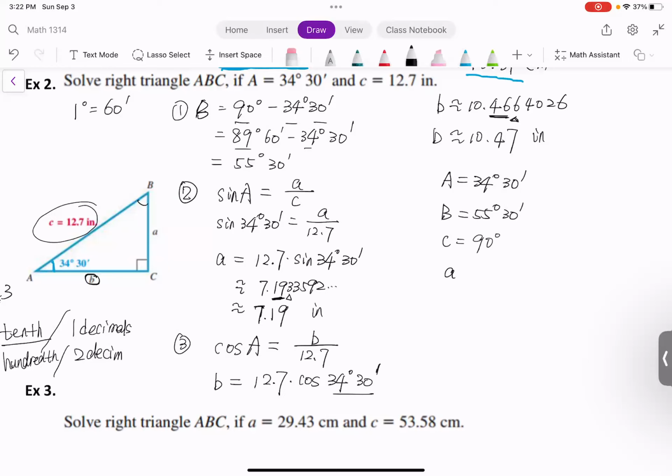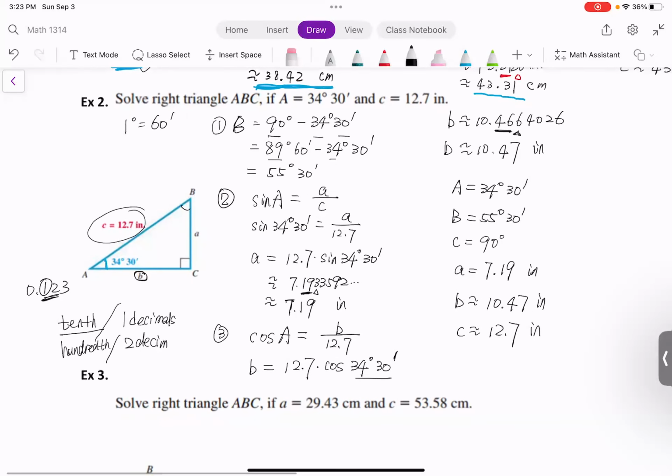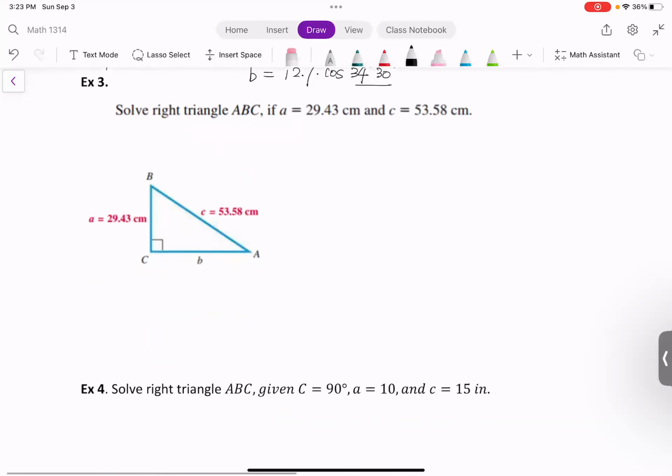The length of A is 7.19 inches, and B is, where is my B? Oh, here, 10.47 inches. C is given as 12.7 inches. All right, we solved this triangle. Let's move on to see the next one.